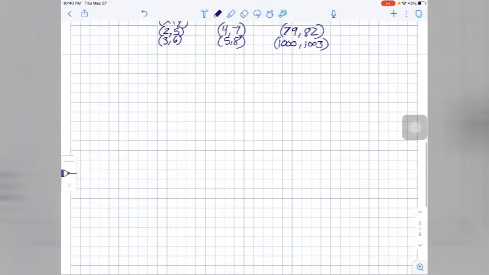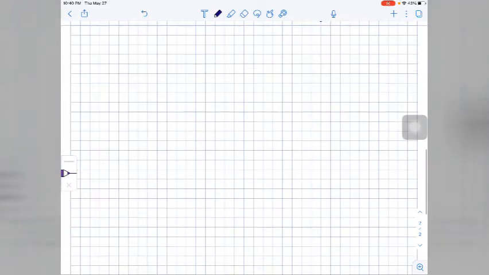So now we're going to look at what happens when there are two equations. This is sort of what we're getting to. We know that solutions are numbers that make a math statement true.